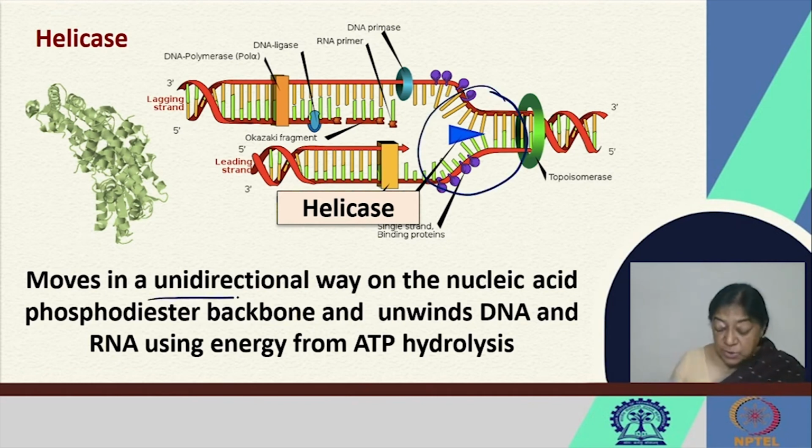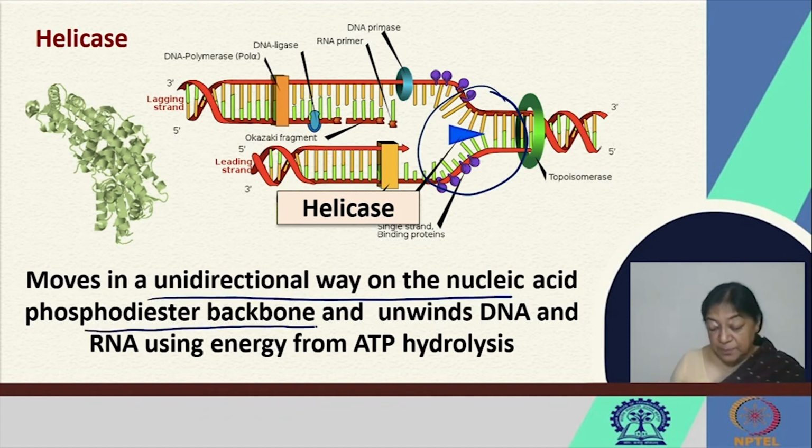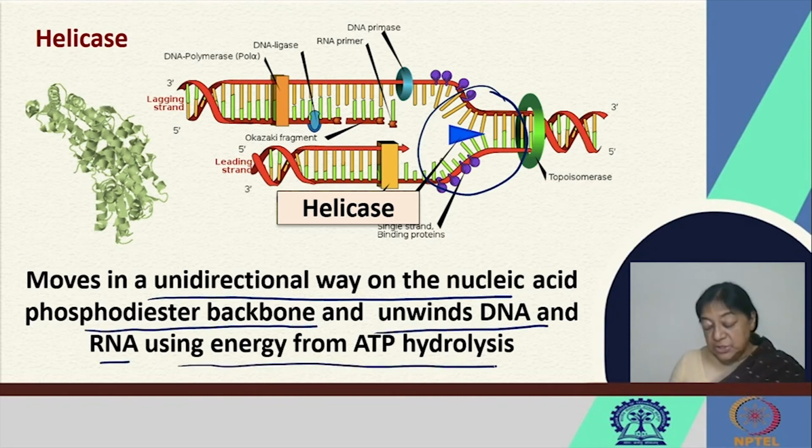This moves in a unidirectional way on the nucleic acid phosphodiester backbone, and it unwinds DNA and RNA using energy from ATP hydrolysis. So the helicase is moving in a specific direction where we have what is called a leading strand and a lagging strand. A discussion of that is beyond the scope of this course.